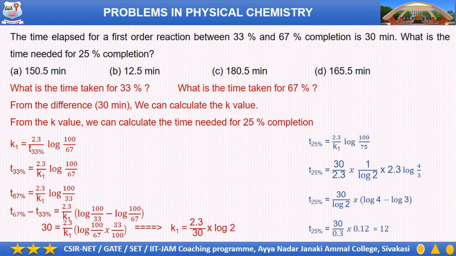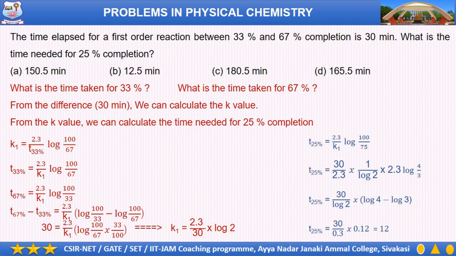We have not worked out any problems in second order kinetics and third order kinetics. Very few problems are present in second order kinetics. Therefore, in the next session, we will see the second order and third order reaction problems.